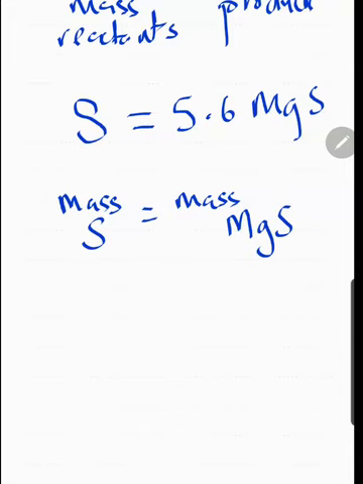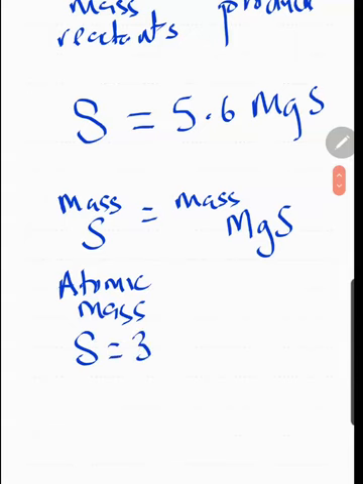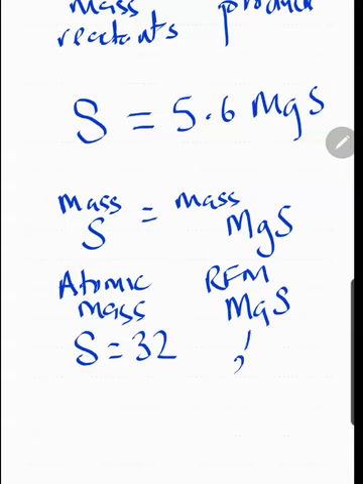Okay, now my atomic mass of sulfur is 32. My relative formula mass of magnesium sulfide: magnesium is 24, sulfur 32.